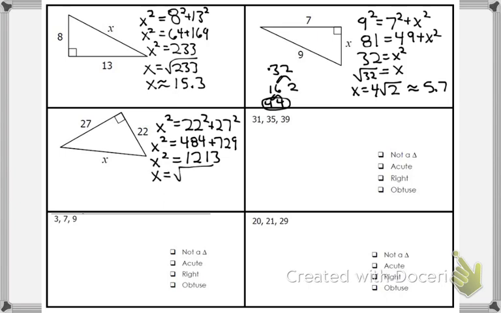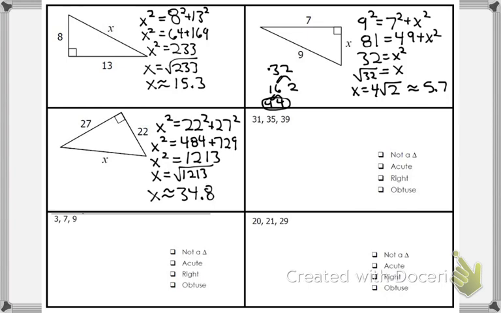So that has 1,213 inside the radical. Okay, and that's not going to simplify as a radical, so we're just going to put that as about 34.8.